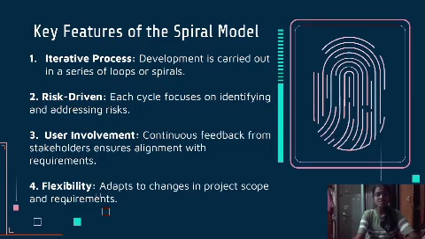Flexible is nothing but the fact that it adapts to any changes in the project scope or in the requirements of the stakeholders in the further timeline. So when you're developing a project in the long run, if the stakeholder or the client has more requirements that need to be added in the middle of the project, this iterative process, that is the spiral model, helps you adapt to those changes. Hence it is called flexible.